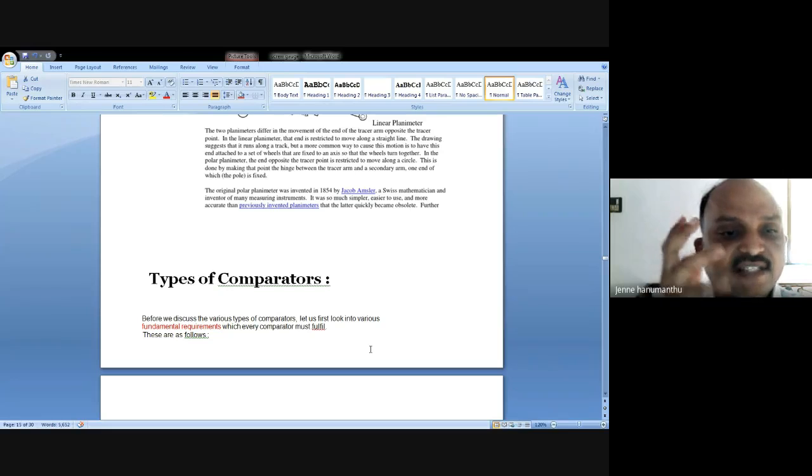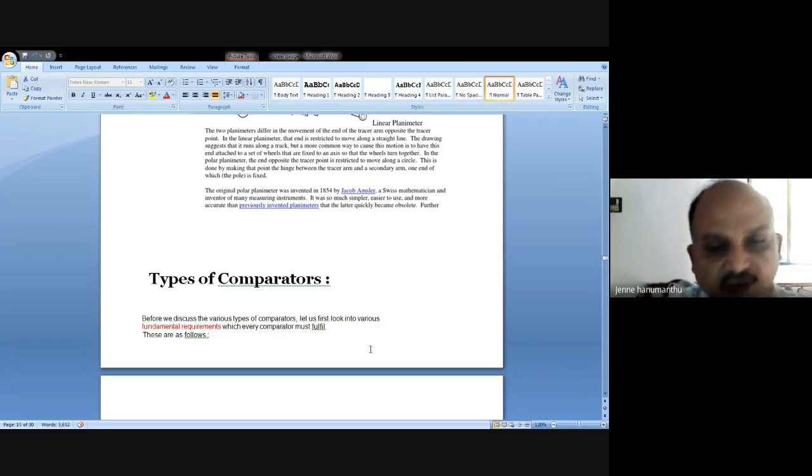It compares the dimensions of the given component with the actual working standard.